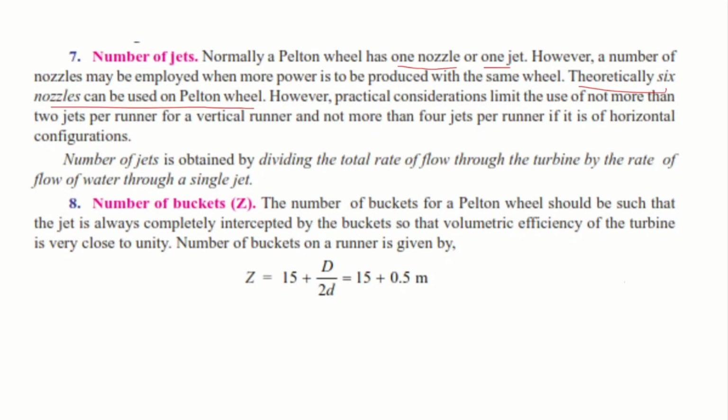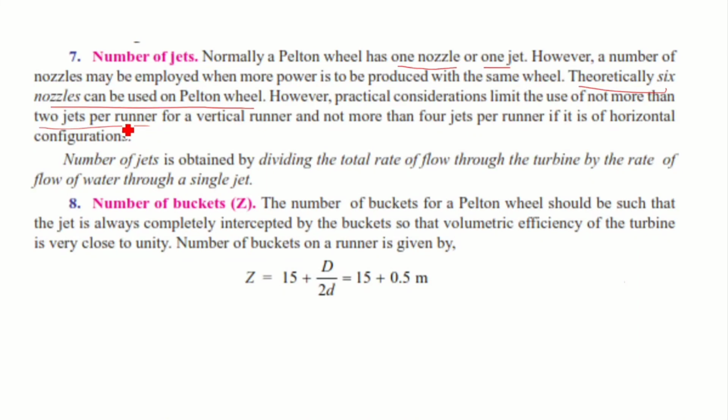However, practical considerations limit the use to not more than two jets per runner for a vertical turbine, since the arrangement of jets is very difficult if there is more than one.